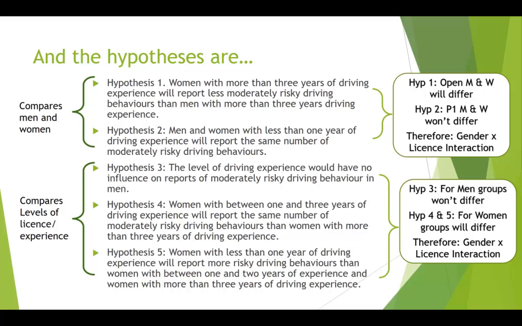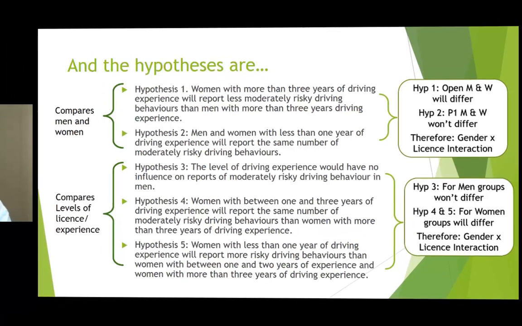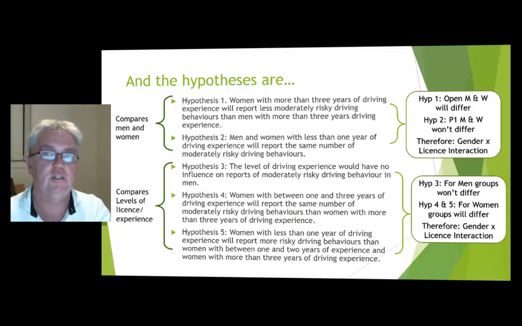So again, here, the effect of one IV, in this case license, is different depending on whether you look at the men or the women. For men, no effect of license. For women, there is an effect of license, and it's fairly complicated in hypotheses 4 and 5. So both sets of hypotheses say we're going to get an interaction. Okay. So then we want to have a look at SPSS and see whether we do get that interaction or not.